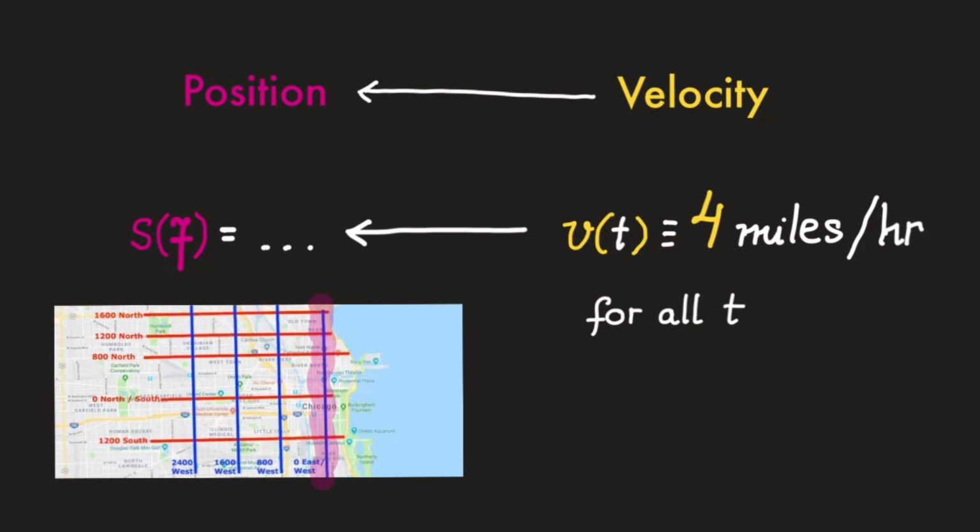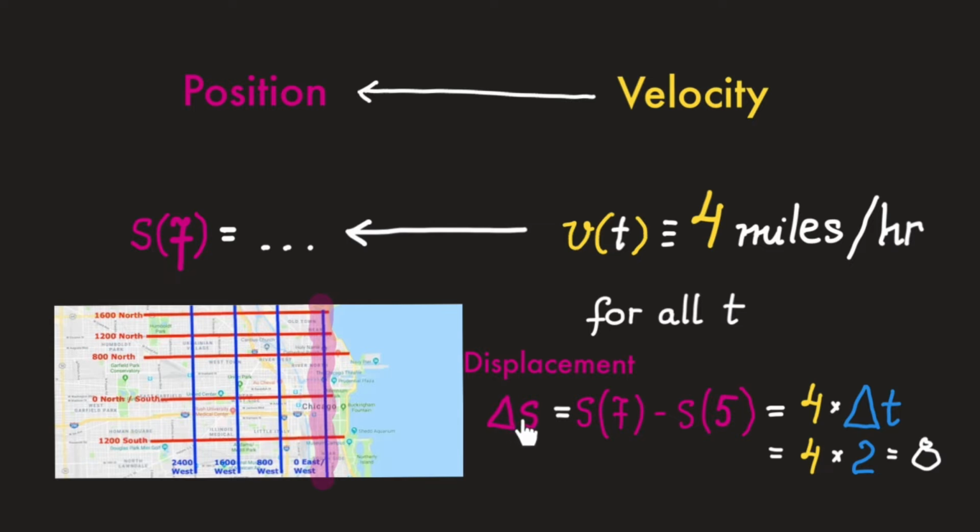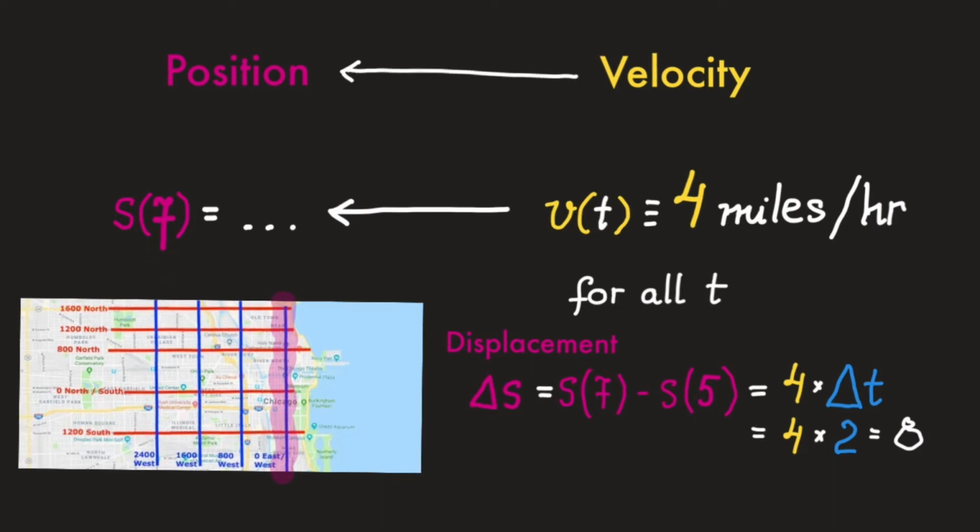Remember, Adonis pointed this out to us in class last week. Your position at 7, at 9, at 11, at any time, they all depend on where your starting position is. Well, if you started running at 5 a.m., then by 7 a.m., the total distance you have traveled, i.e. your so-called total displacement, will be your velocity times the duration traveled, which is 4 times 2, and that gives 8 miles.